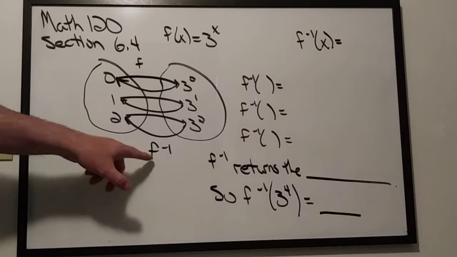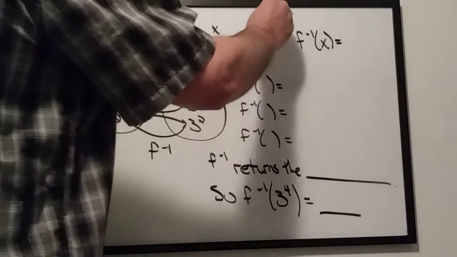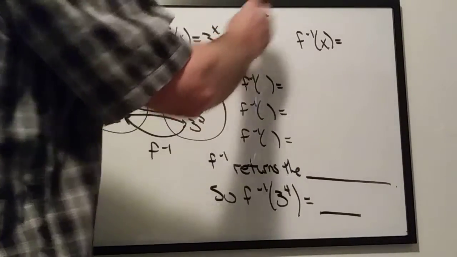So the first question we have is, is there going to be an f inverse for an exponential function? And the answer is yes. If you think back to section 6.3, one of the things that we knew about the graph of f of x equals 3 to the x was that the function was 1 to 1. It passed the horizontal line test. So if you need to think about it, you can go ahead and think about just a general graph.